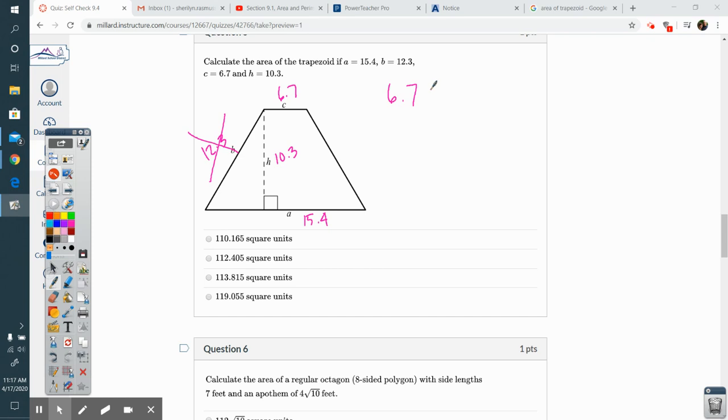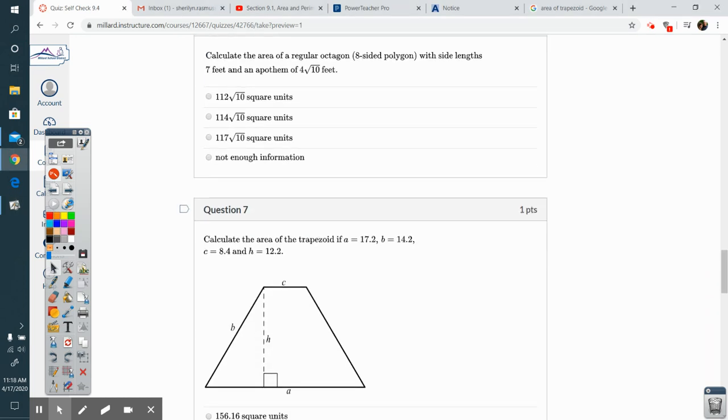So 6.7 plus 15.4, divide by 2, multiply by 10.3. And I'm just plugging that in my calculator right now. And I get 113.815. And so that's right there. That's the area formula.